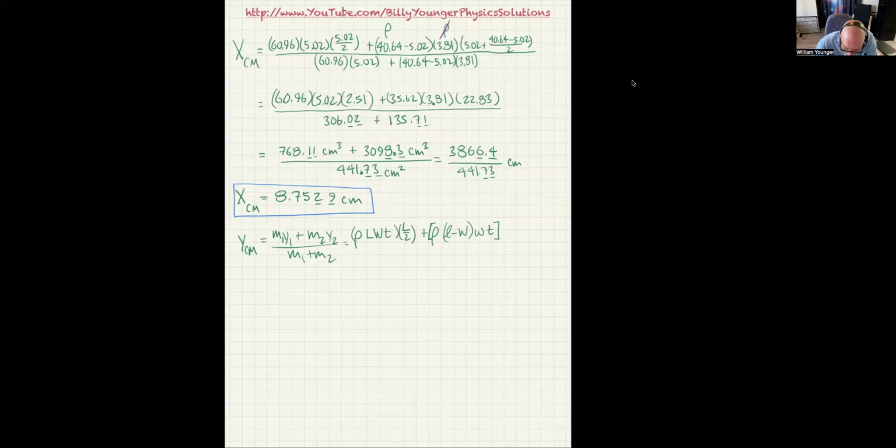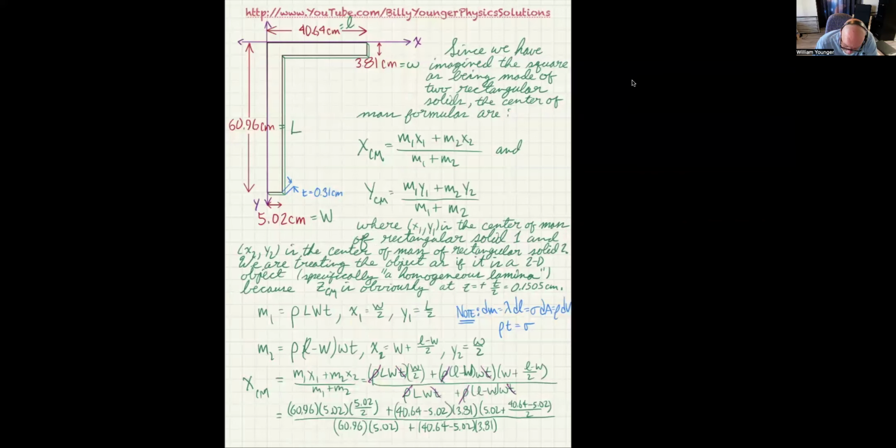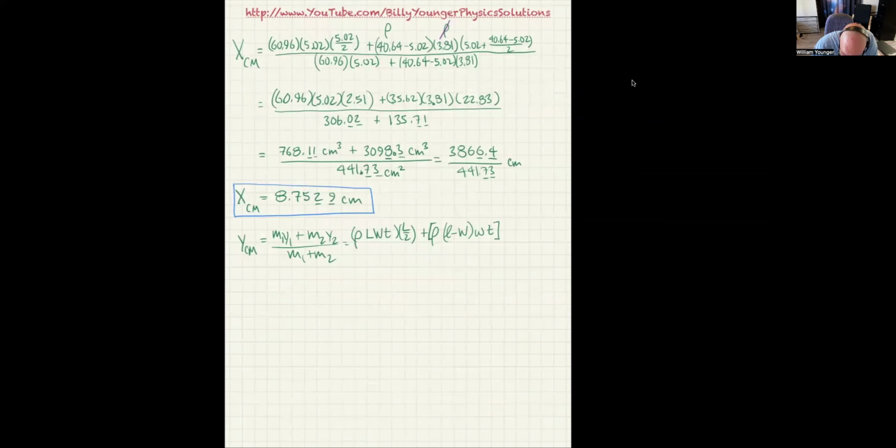And now the center of mass of this one is, remember, I've got to go over W and then add to it L minus W over 2. So the center of mass in this case is going to be W plus L minus W over 2.